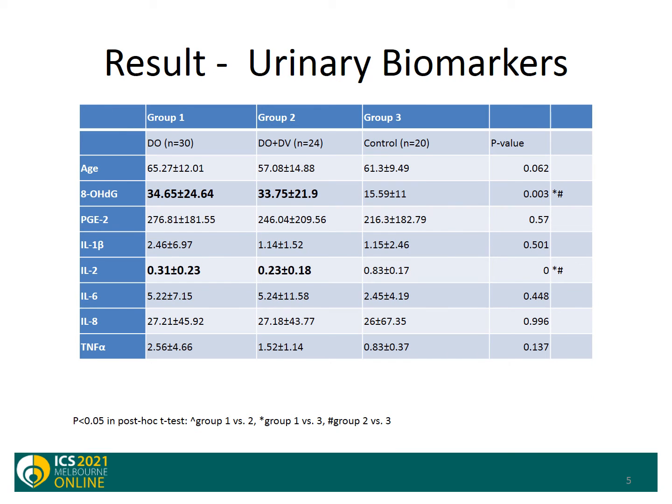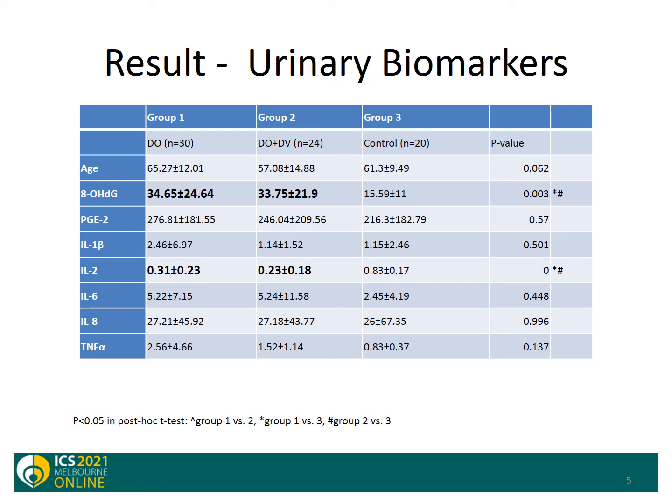For the urinary biomarkers, most of the biomarkers were similar between the groups, except that the 8-OHdG was higher in the study group compared to the control group. On the contrary, the IL-2 was significantly lower in the study group.